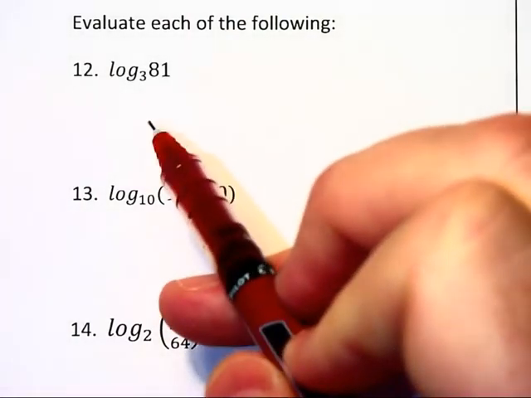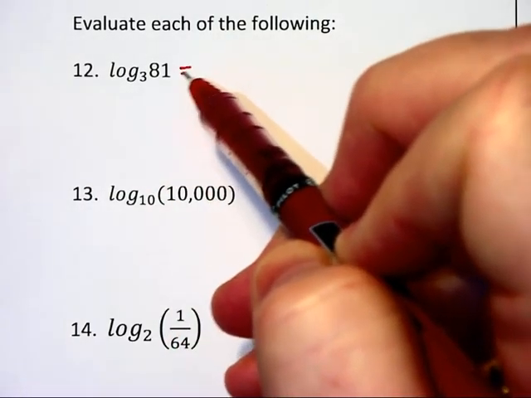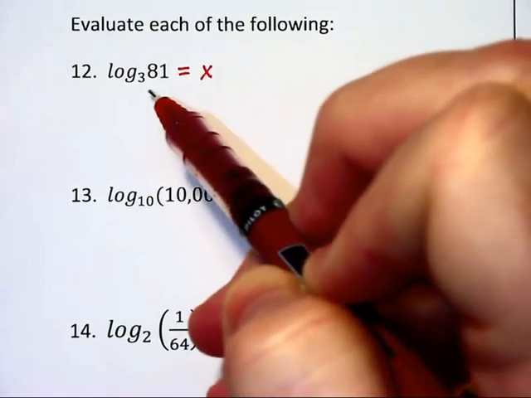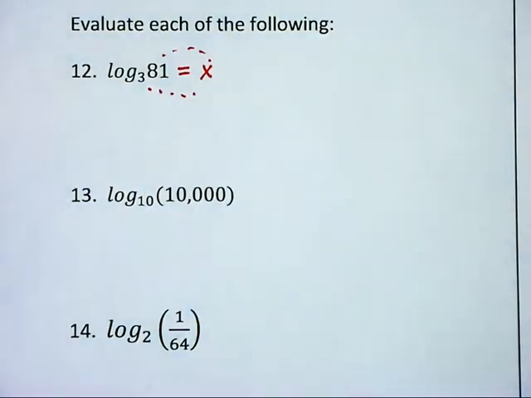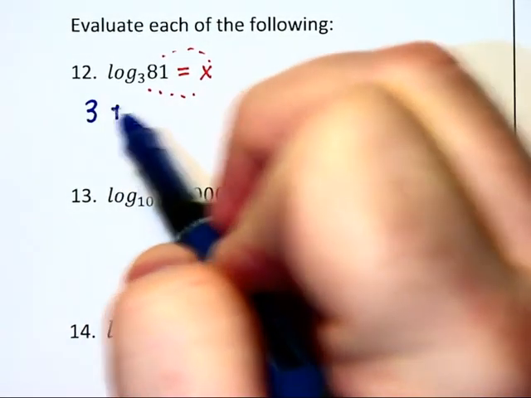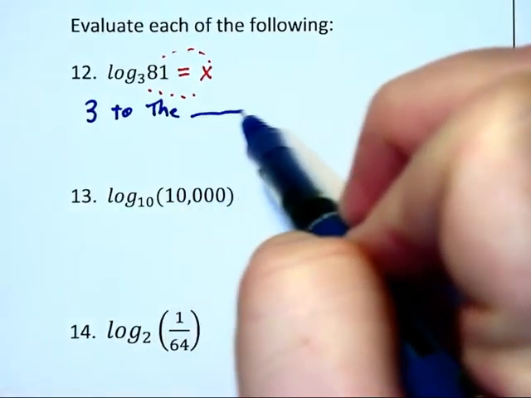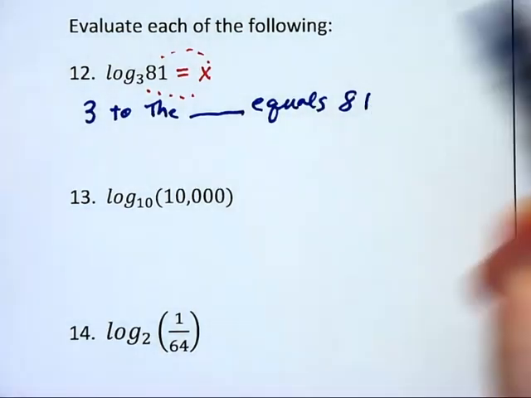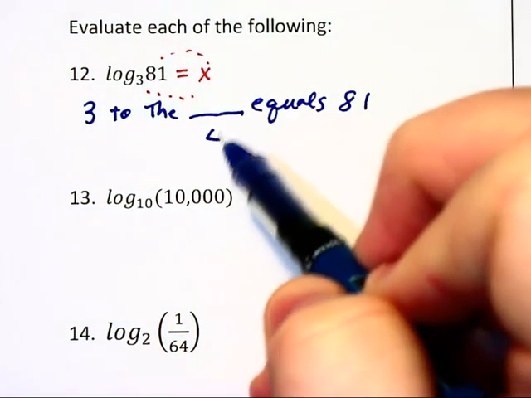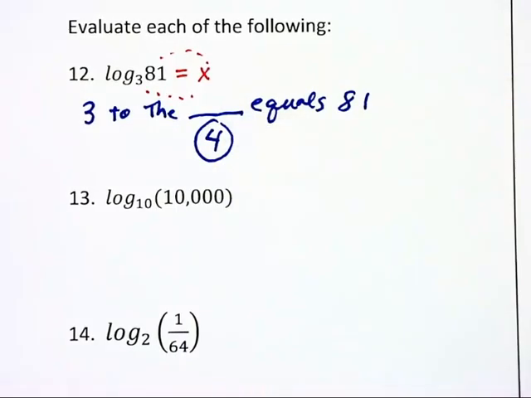Now we move on to evaluating logarithms. Well, this is actually rather easy. We're going to pretend there's an equals x on the right. And if we said 3 to the x equals 81, basically what we're going to do in our head is we're going to say 3 to the, I don't know, equals 81. And then we say, 3 to the 4th equals 81.